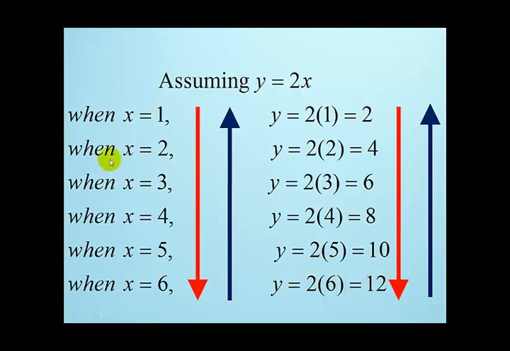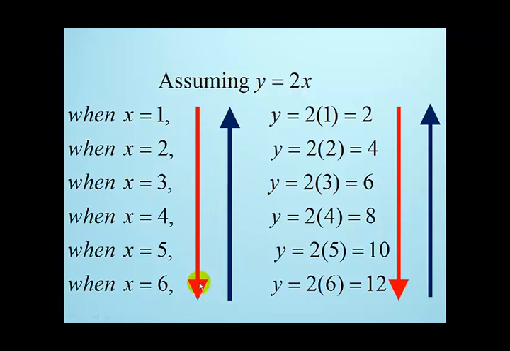Now, let's first look at the red arrows pointing vertically downwards. When you look at the trend of the x values, we can see that there is an increase in x from 1 to 6. That is, x increases from 1 to 6 downwards.